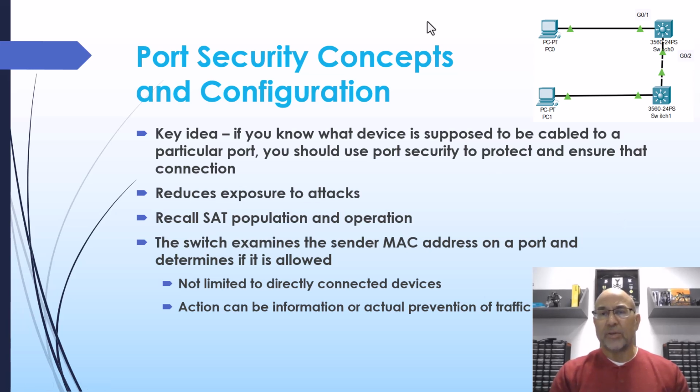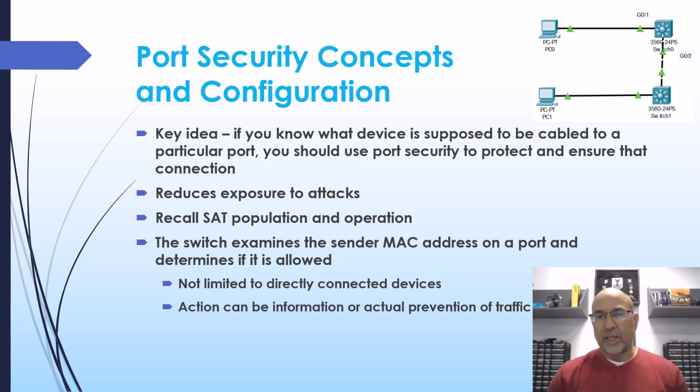If you take a look at the graphic above me here, PC1 and PC0 are directly connected to switches, but PC1 gets to PC0 through both switches. And so there's nothing at all that says I can't have a rule on G0/2 about PC1. So even though PC1 is not connected to that switch directly, you can certainly be monitoring the traffic.